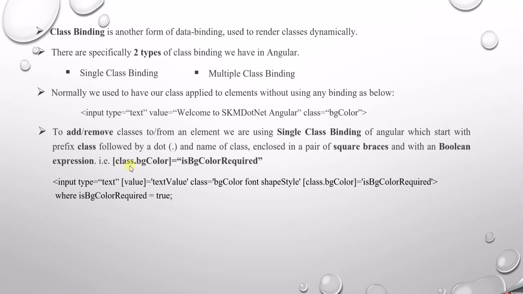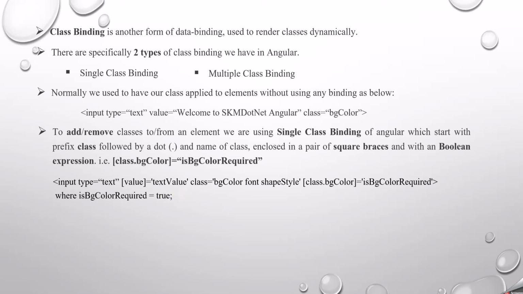This is the complete example: class.bg-color and isBgColorRequired. If isBgColorRequired is true, then it would be applicable, else if it is false, then it won't be applicable. Here you can see we have an input type text box that I just copied by mistake. So this is for you right now.